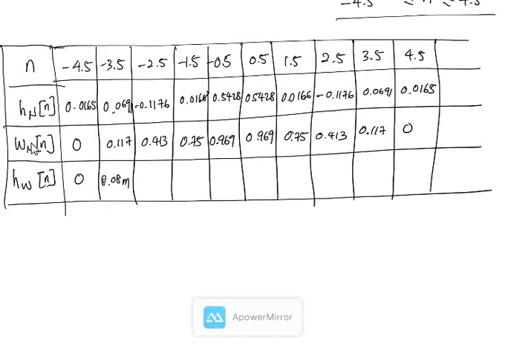I get here 8.08 milli. Okay, so this value is the symmetric value. So this is how we get the h[n], w[n] and h-hat w[n]. That's all for this question. Hope you can understand. Thank you for watching.